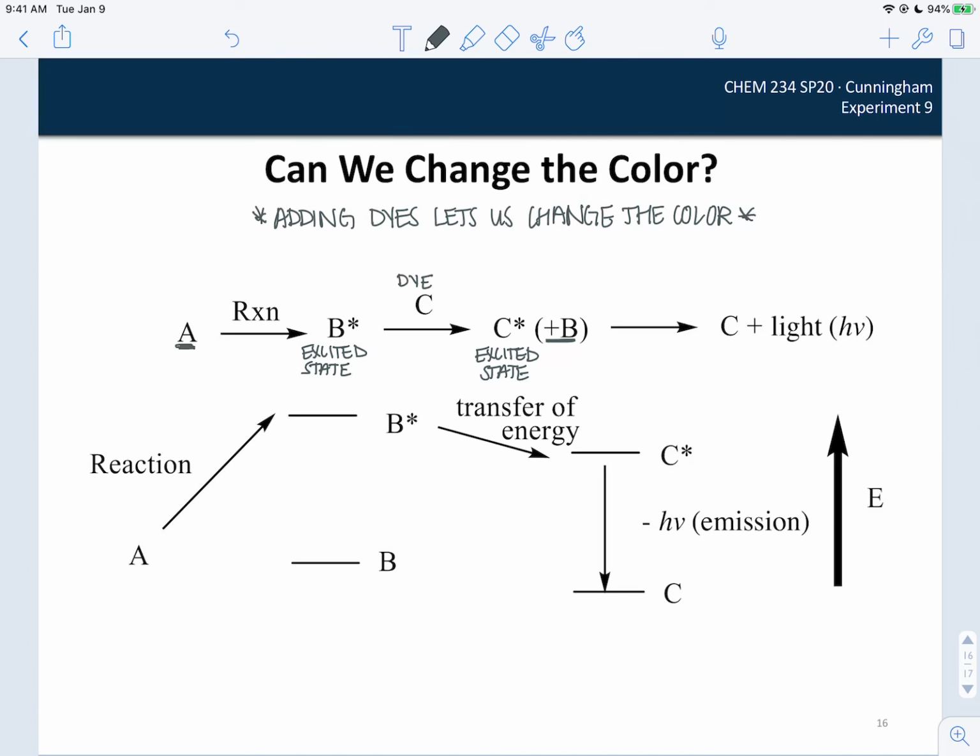Then C, our excited state dye, is going to relax. So C relaxes, and that gives us our ground state of the dye plus light.